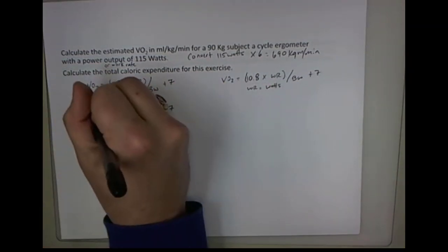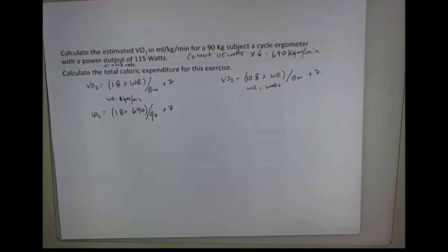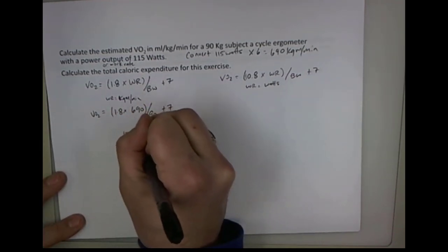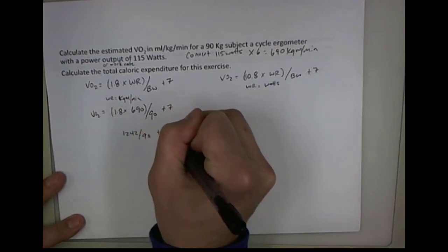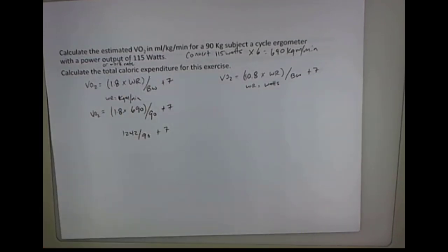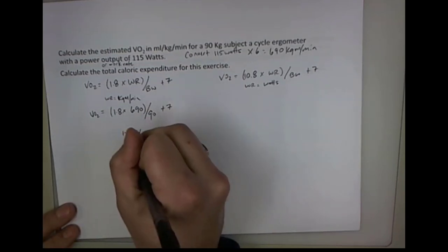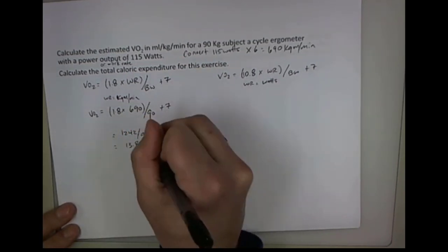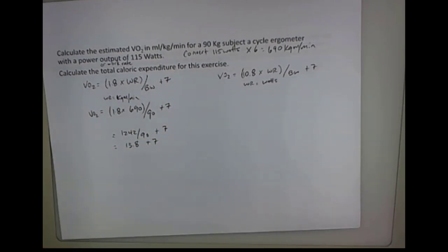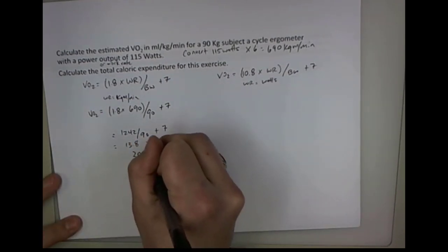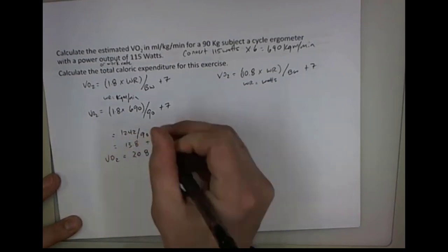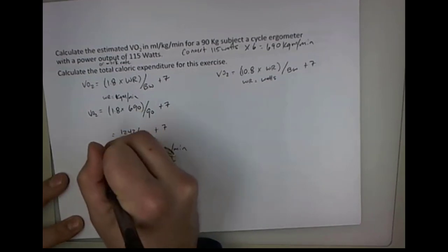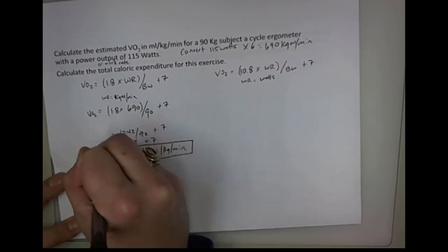So we simply do the math. 1.8 times 690 is 1242 divided by 90 plus 7. 1242 divided by 90 is 13.8 plus 7, or 20.8. So VO2 equals 20.8 mL per kg per minute. And that would be our answer here.